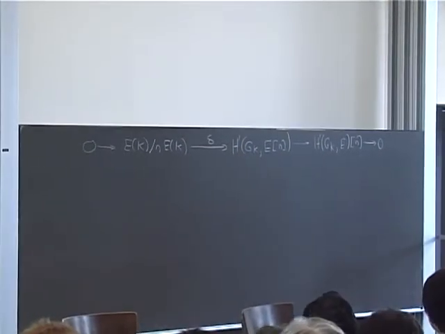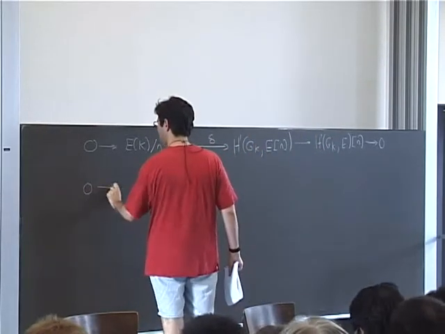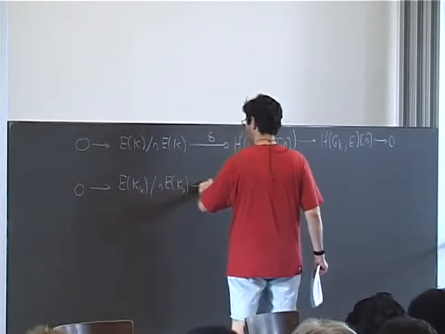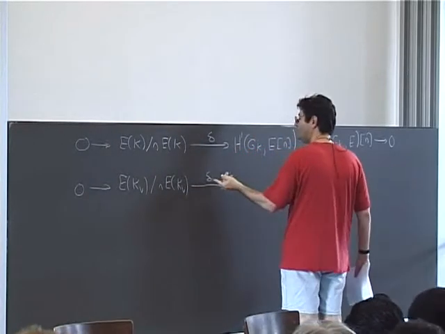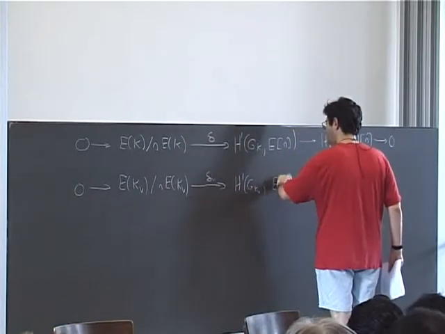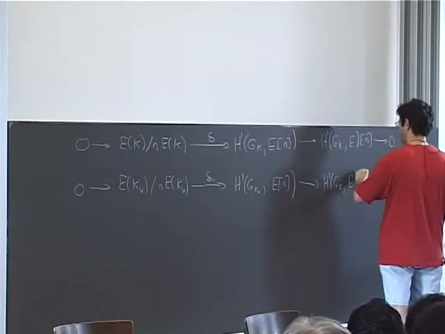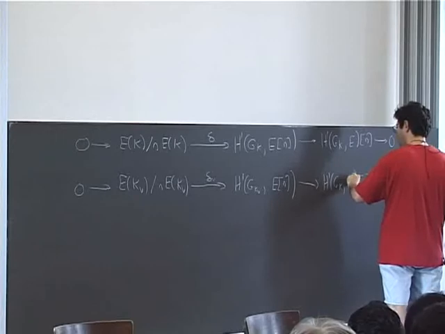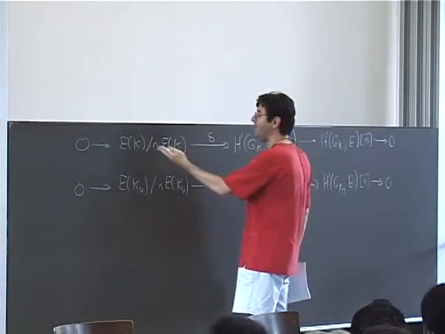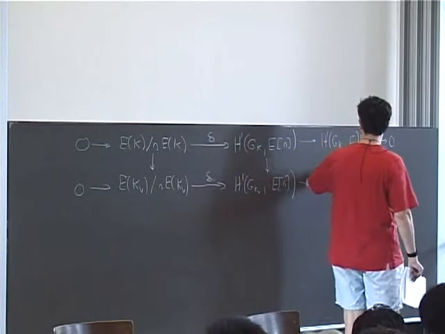I could have done the same thing over the various completions of K. And so I have a corresponding local exact sequence for every completion of K, with a corresponding local connecting homomorphism to the Galois cohomology of E_n, and the cokernel is likewise the local H^1. And the natural embedding of K into its completions induces natural maps like that.